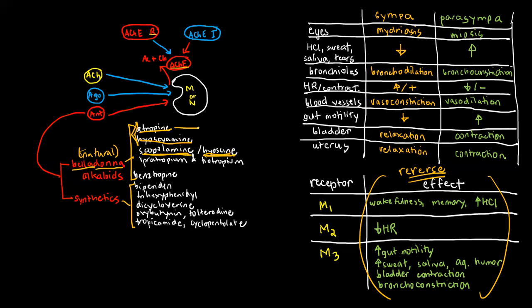Now, for atropine, I can think of two uses. One of them is for excessive bradycardia. And that is because bradycardia, or slow heart rate, is a typical effect of activating M2 receptors. And by reversing that, you can deal with it. Another use of atropine is as an antidote for cholinergic excess.